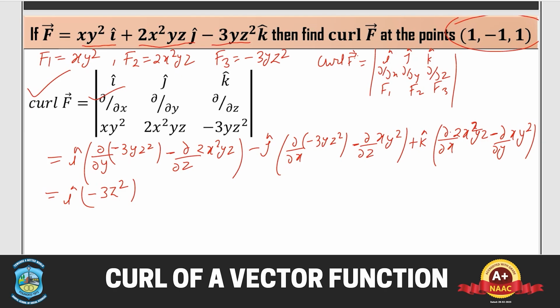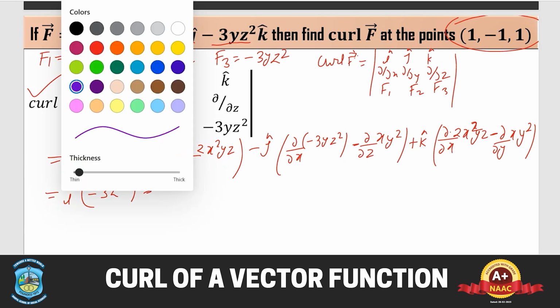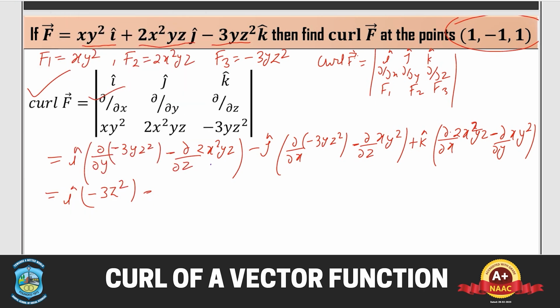Now, minus, when we differentiate this term 2 x square y z with respect to z, this term 2 x square y will deal like a constant and we will just differentiate z with respect to z. So, we will get 2 x square y.